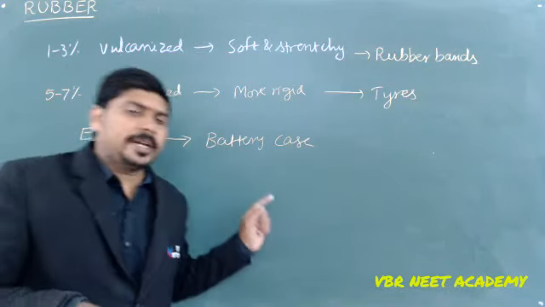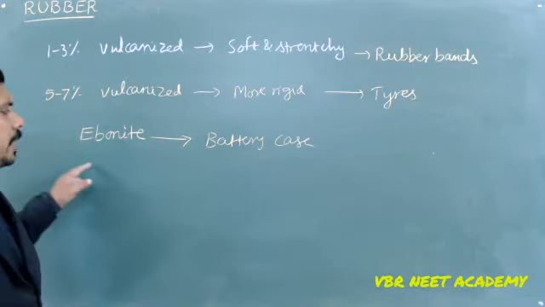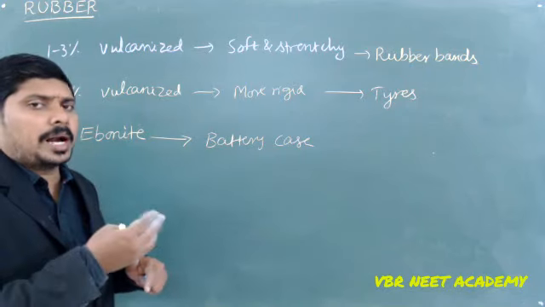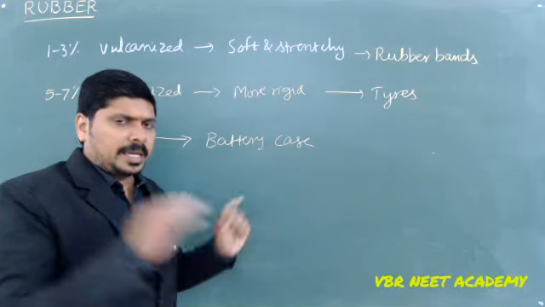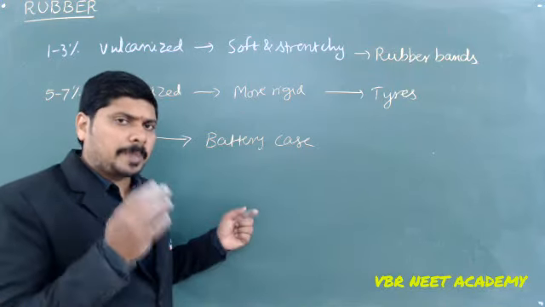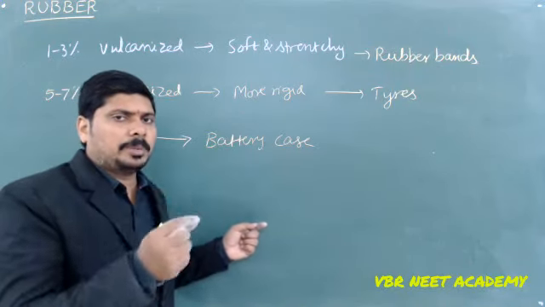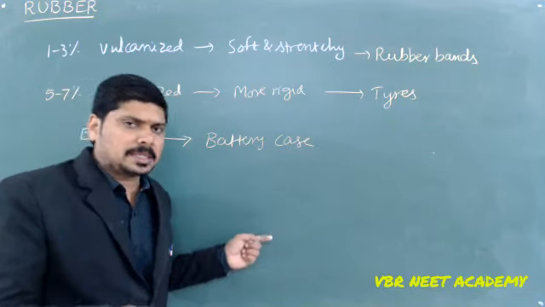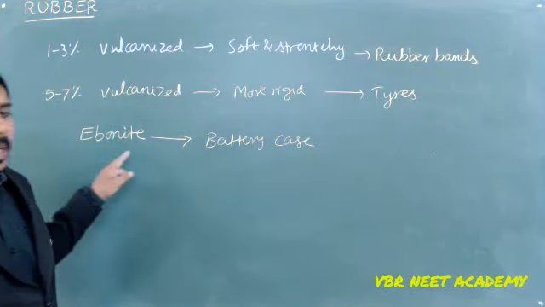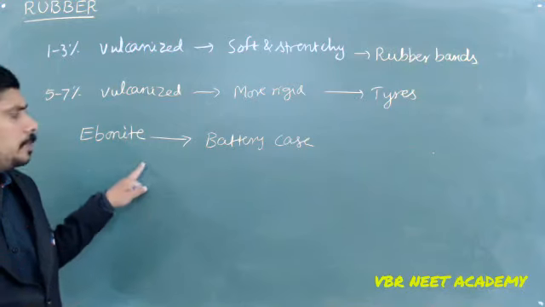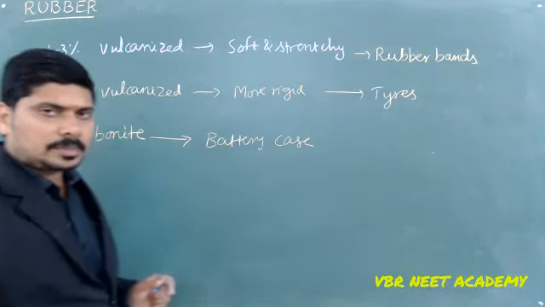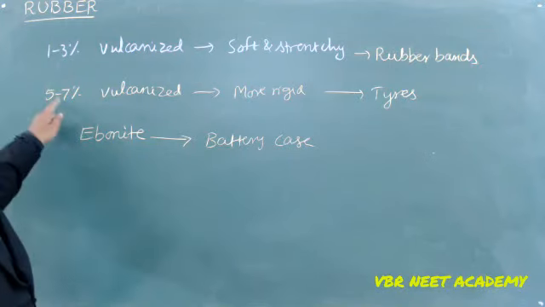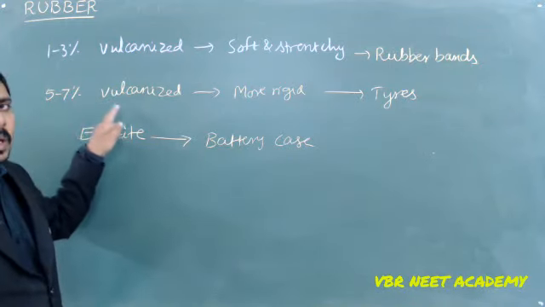Some 25 to 30% vulcanization takes place so that it becomes so hard. That hard material you use for battery cases. The battery casing you have outside is battery rubber. It's not plastic. Ebonite gives you this white battery case. Understand? So this is about your rubber and vulcanization.